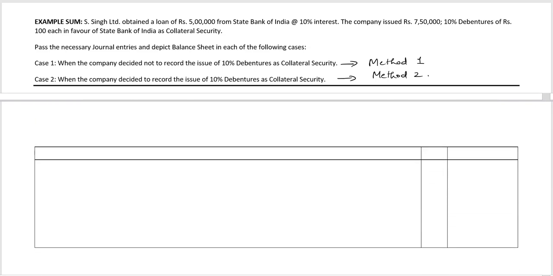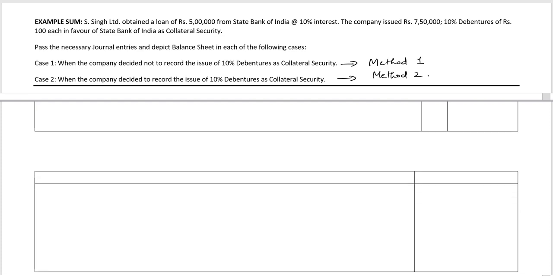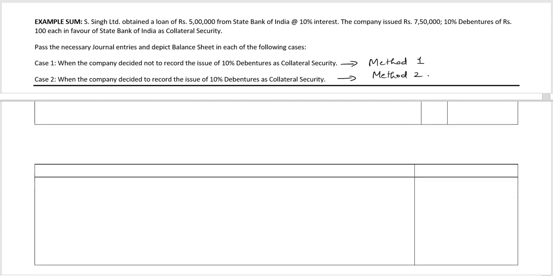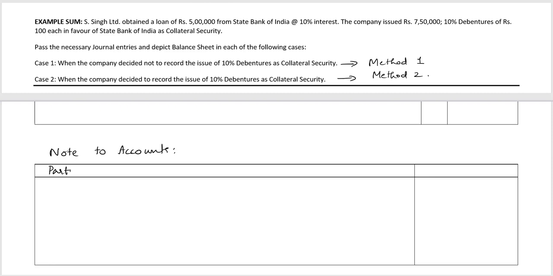We will leave space for the balance sheet and go ahead with note to accounts. Note to accounts, particulars, and a rupee column.